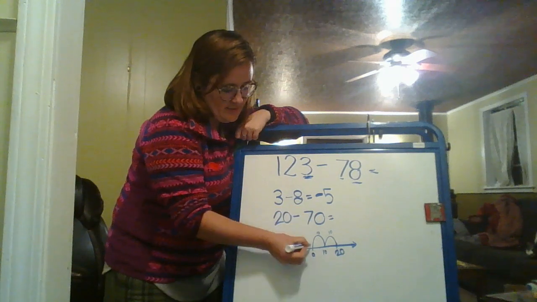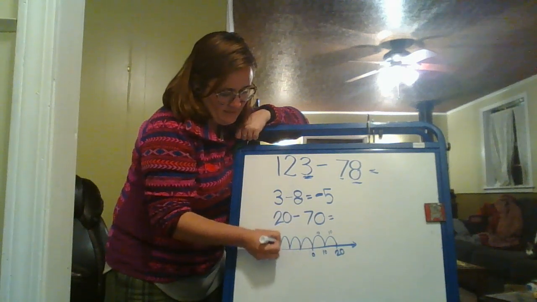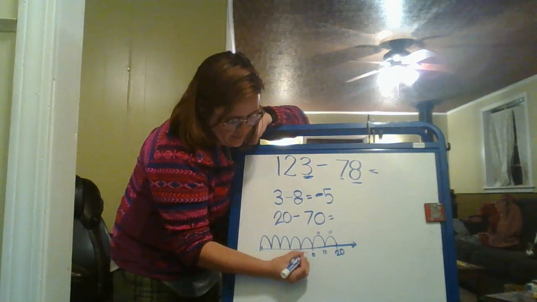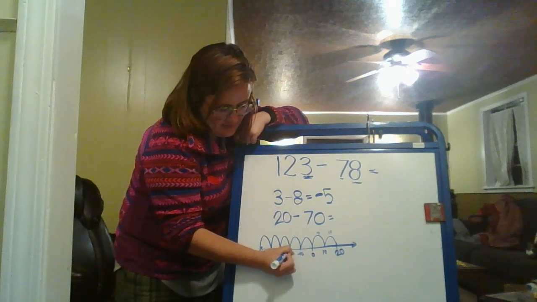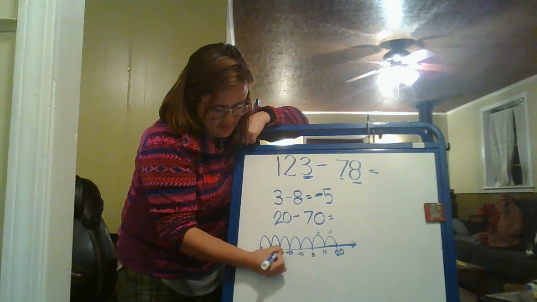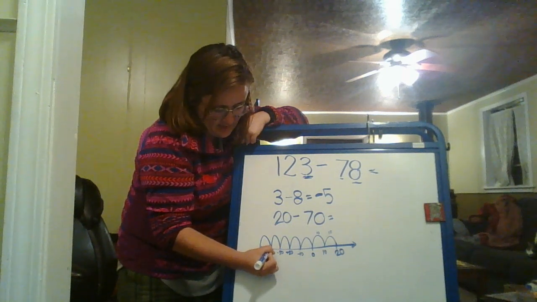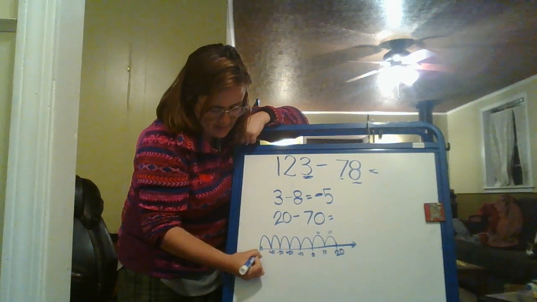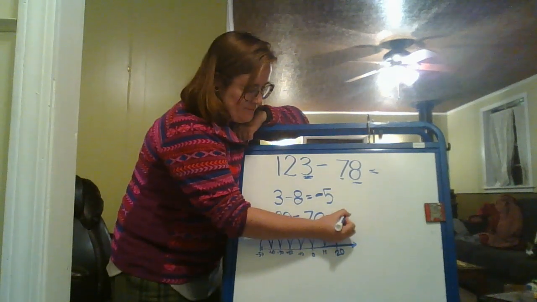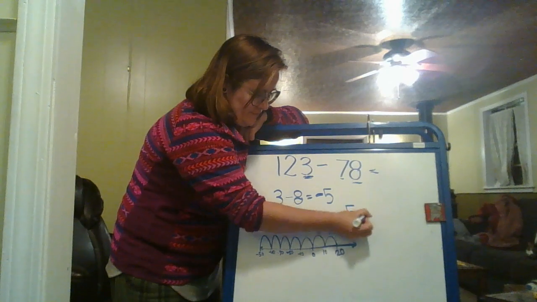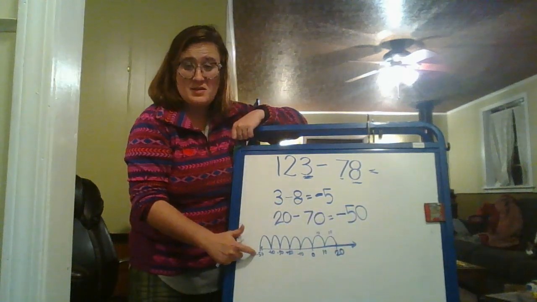I need to take away 70, 30, 40, 50, 60, 70. Okay, negative 10, negative 20, negative 30, negative 40, negative 50. This is stuff I still need to take away.